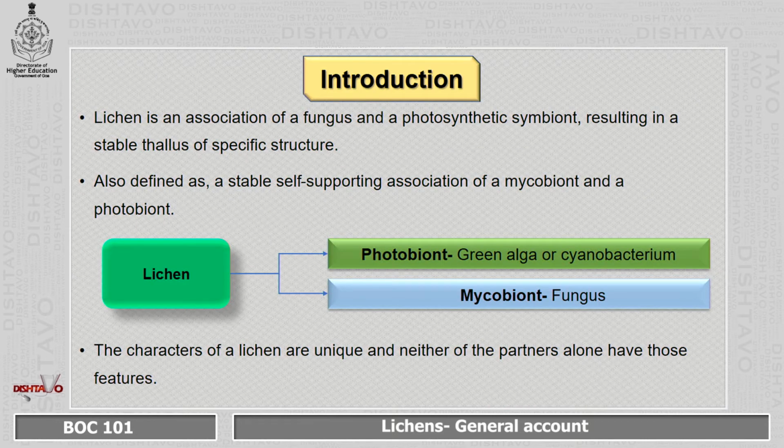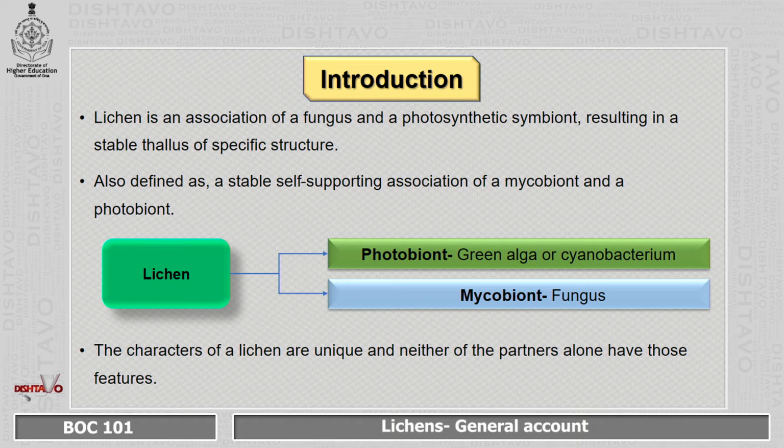To begin with, introduction. Lichen is an association of a fungus and a photosynthetic symbiont resulting in a stable thallus of specific structure. Lichens may also be defined as a stable self-supporting association of a mycobiont and a photobiont.